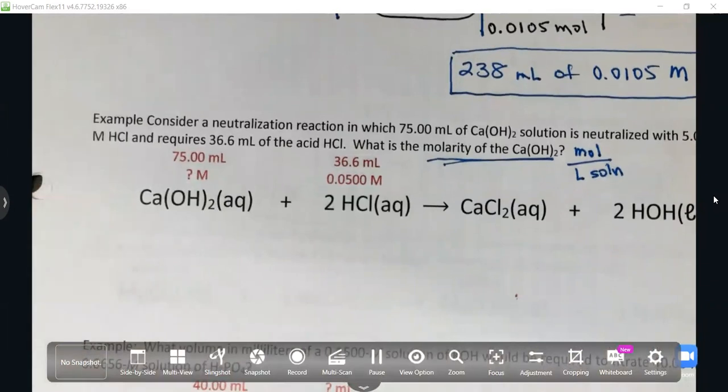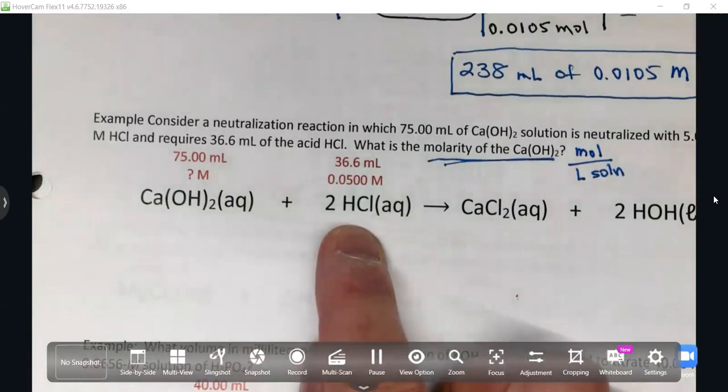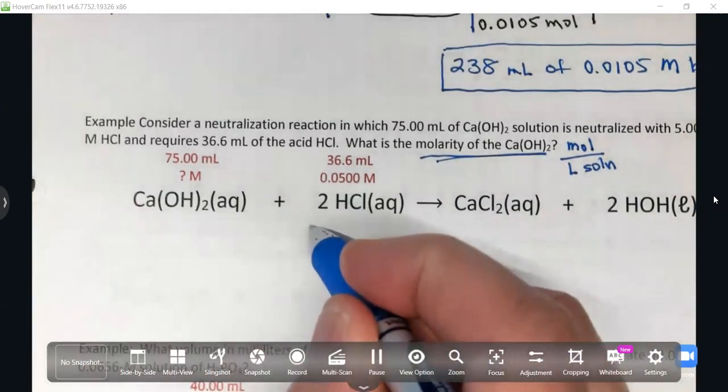Well, we have enough information here to get moles of HCl. So my starting moles of HCl is going to be right here.